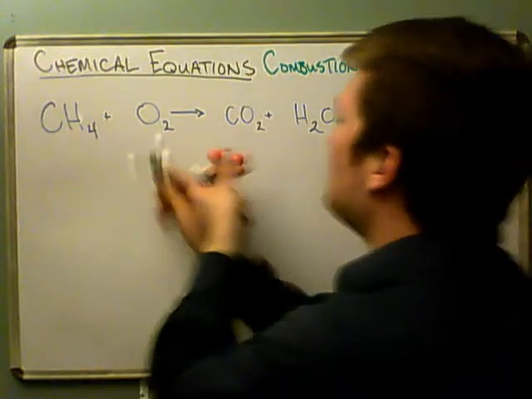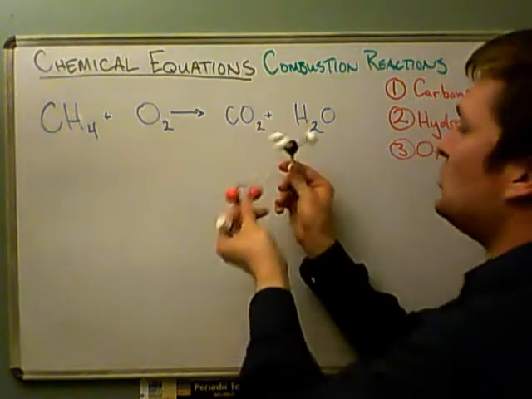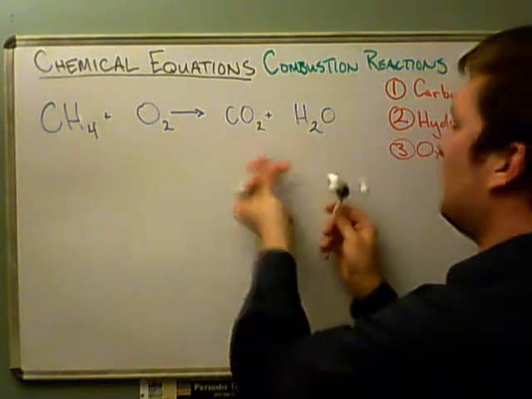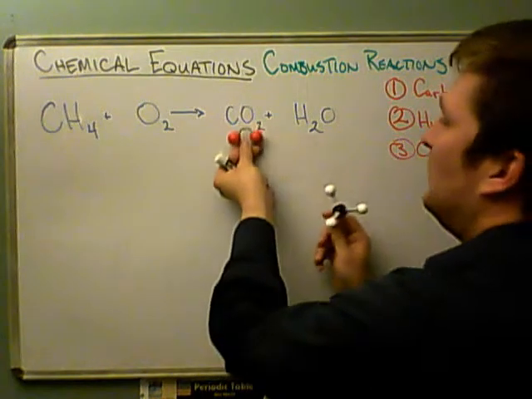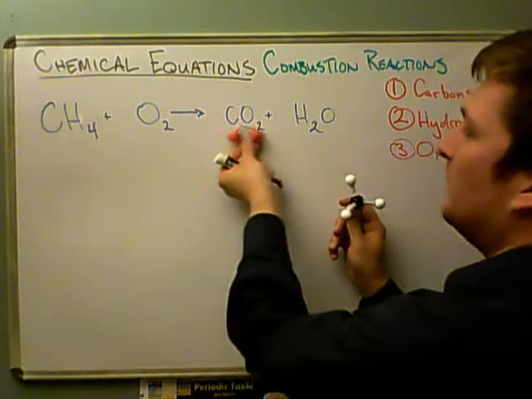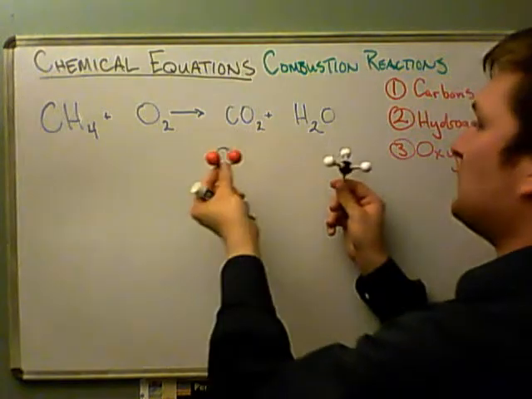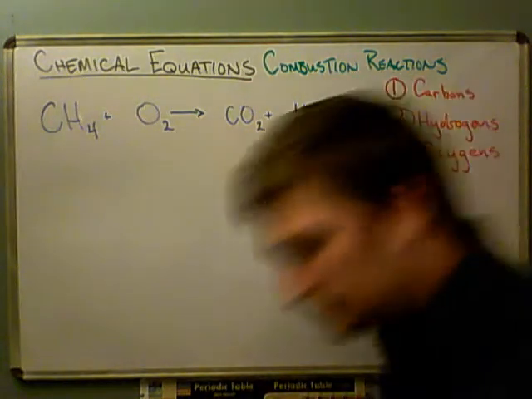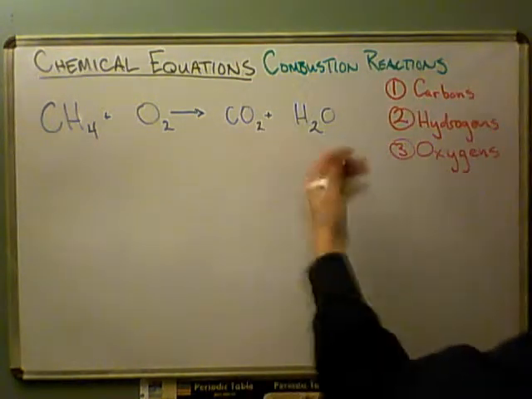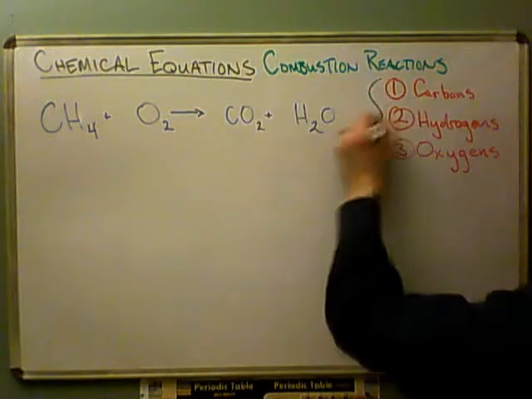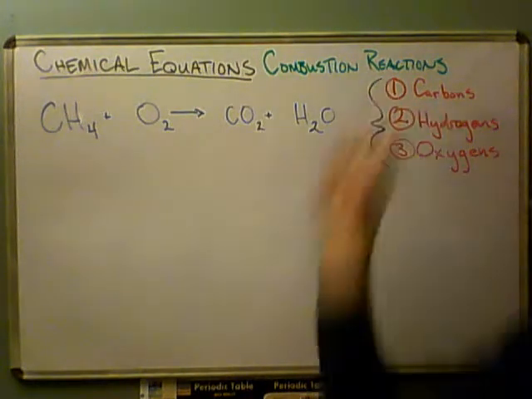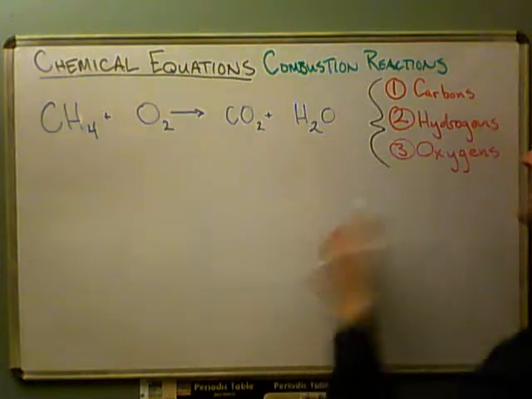And then it's supposed to go to CO2 and H2O, but obviously we're deficient. We don't have enough oxygens. There's 2 oxygens here, but we'd need another one to come from somewhere. So we're going to do our method of balancing hydrocarbon equations.